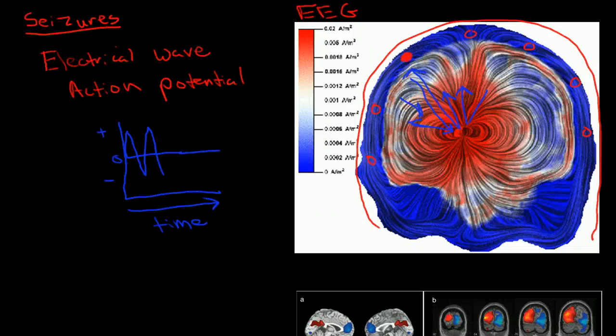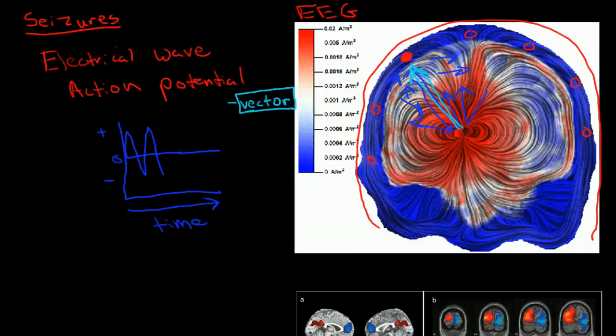So at any one given moment, there are action potentials traveling in all different directions, but what this is going to measure is the average of all of these. And this average in three-dimensional space is called a vector, if you remember from your physics days. So it is looking at the vector, which is the average direction of movement of the action potentials in a three-dimensional space.